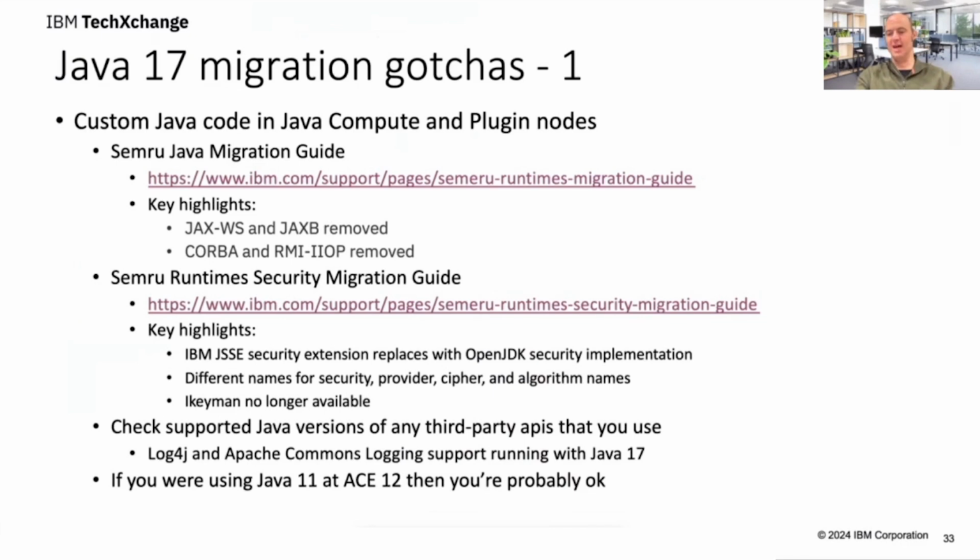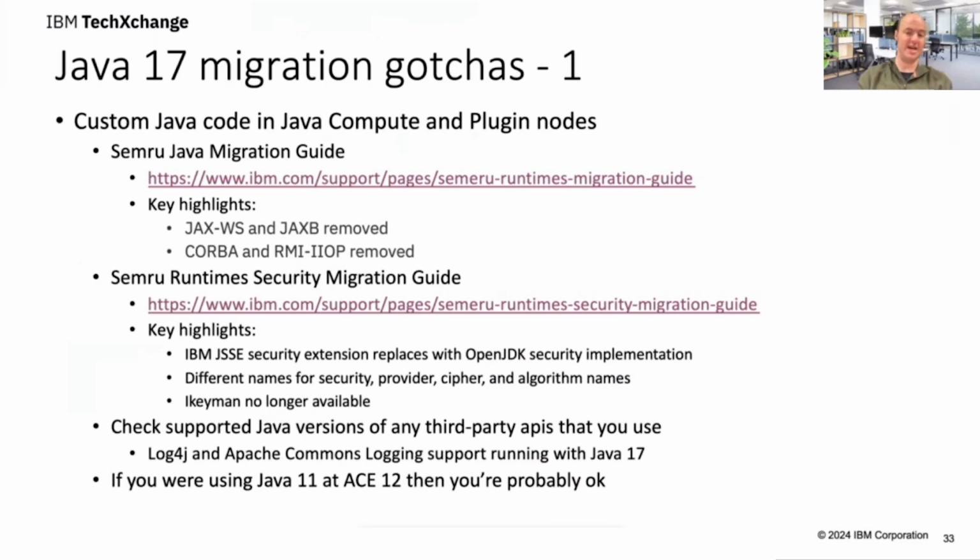So where does this lead in terms of gotchas and problems? For most people who have written Java Compute Node code that's just doing tree manipulation, you'll almost certainly have no problems when you move forward to Java 17. The problems are only going to come if you use external APIs. Perhaps those external API jars don't support Java 17, so always worth checking.